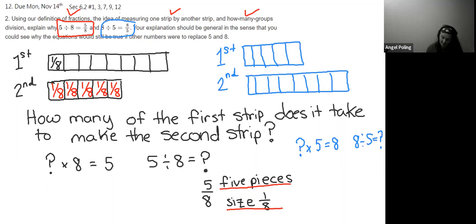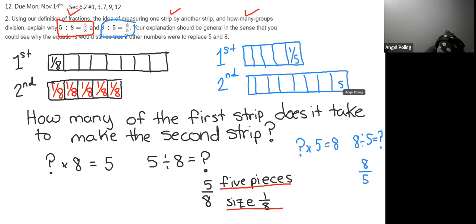And this time around, we're seeing a result of 8 pieces of size 1/5, because we took the original strip, it's 5 pieces in length, but that's our whole. And so each of these have a value of 1/5. And then we took 8 of those 1/5.